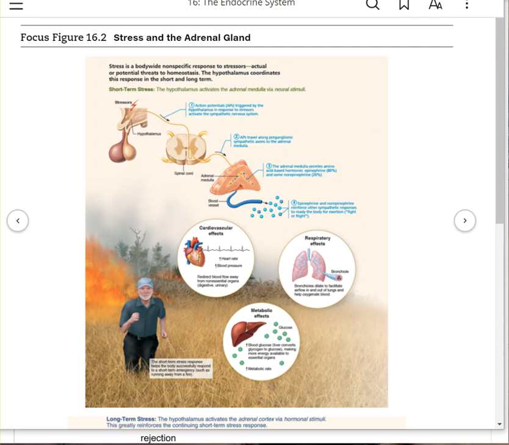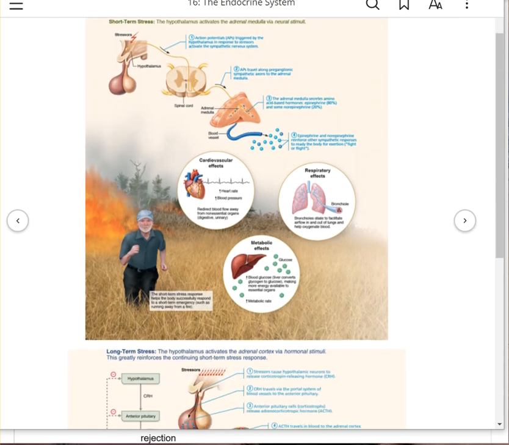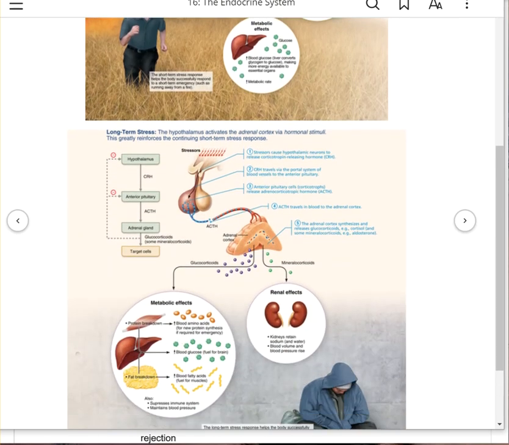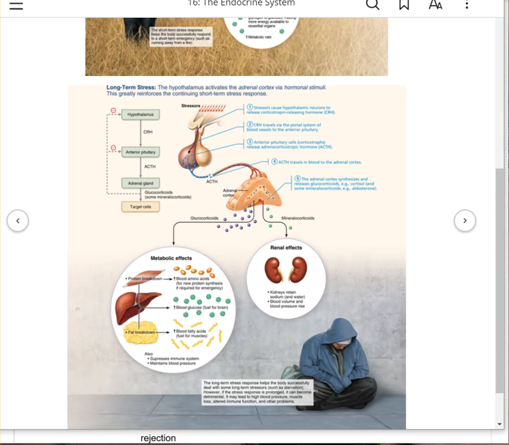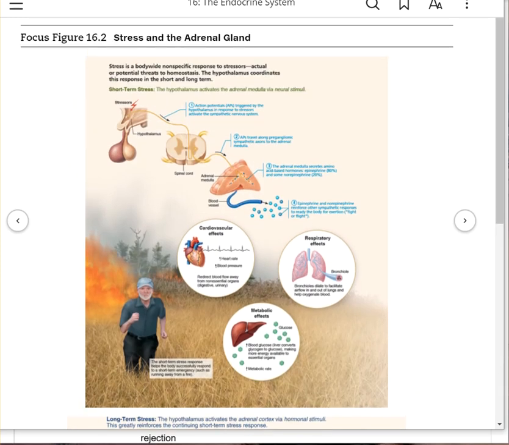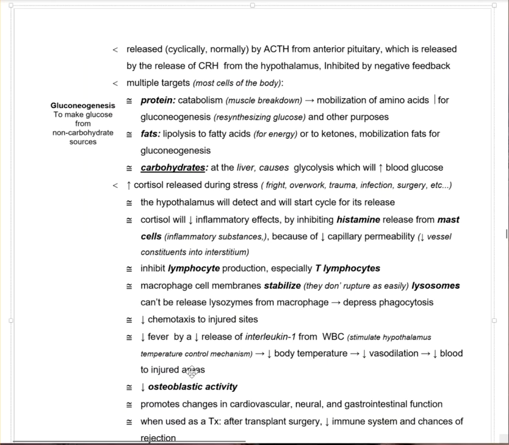Focus figure 6.2, stress in the adrenal gland. This is going to talk a lot about the cortisol and what's happening and ACTH. You can read this, and this will be a really helpful review. It talks about long-term effects and everything, and that's on page 628. What I'm going to do instead is go through our written notes about it, but you might want to look at both.